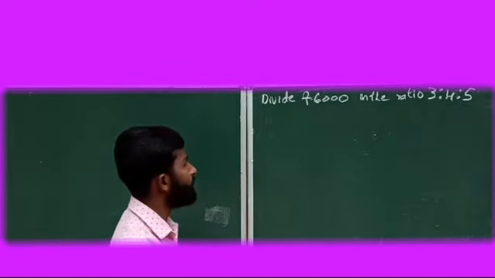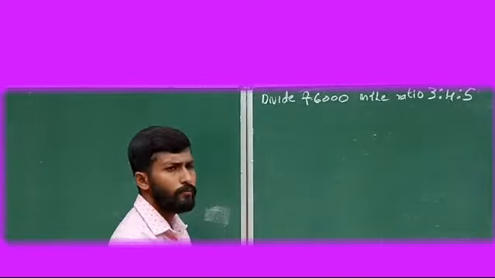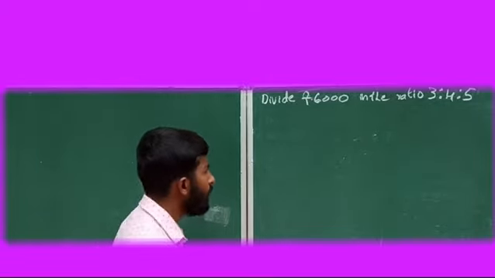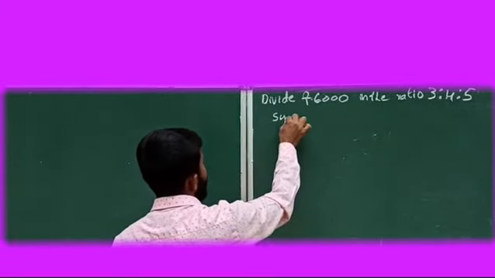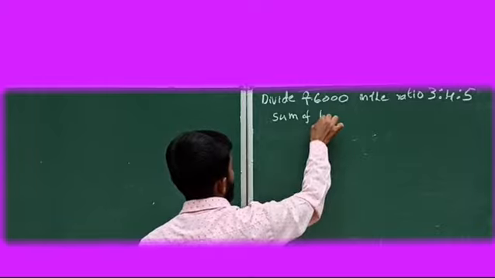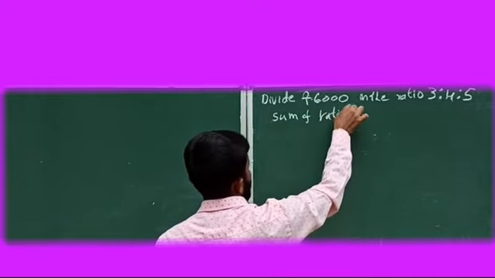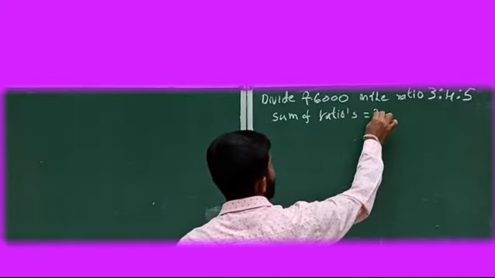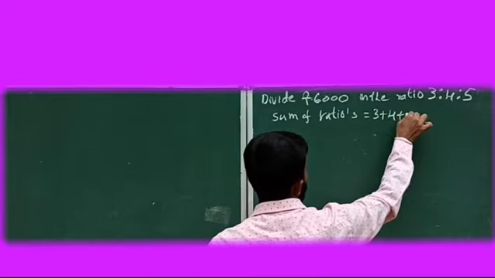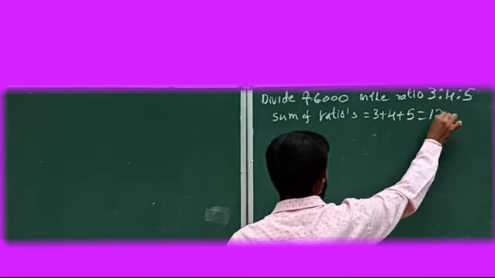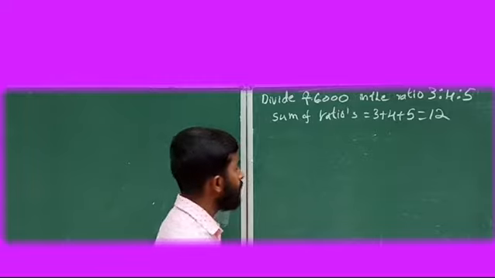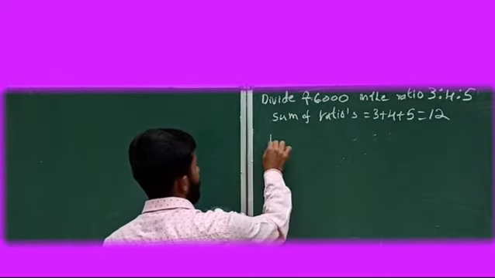Divide rupees 6,000 in the ratio 3:4:5. Okay. First, the sum of the ratio is equal to 3 plus 4 plus 5. Again, it's equal to 12. Okay. Now see, what's the first part?